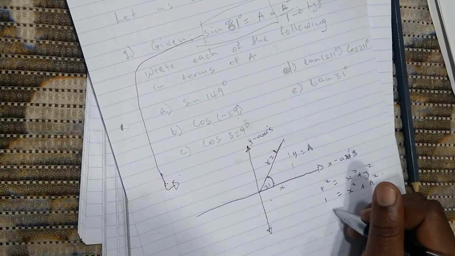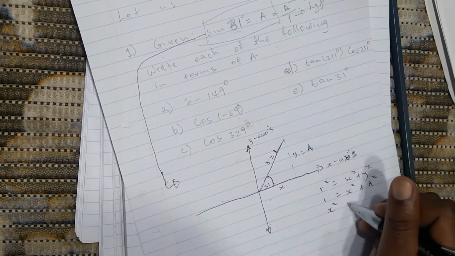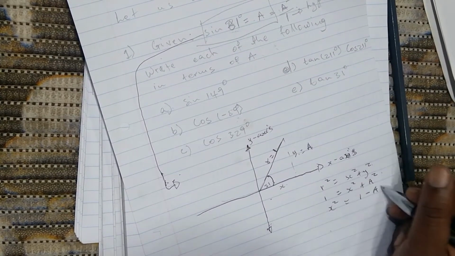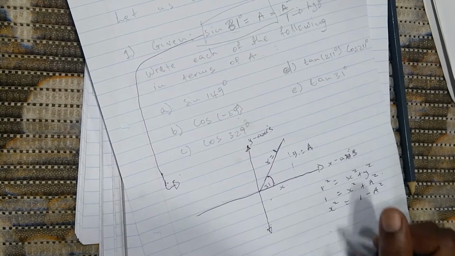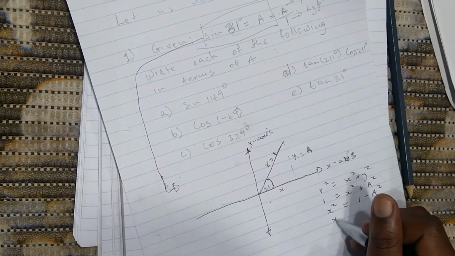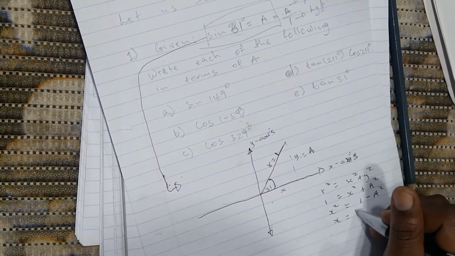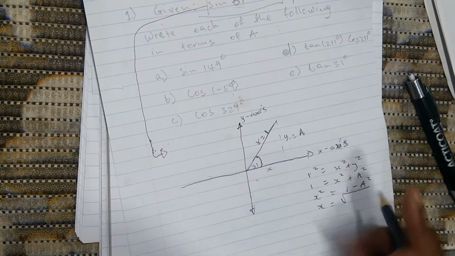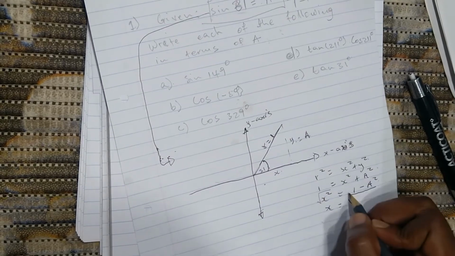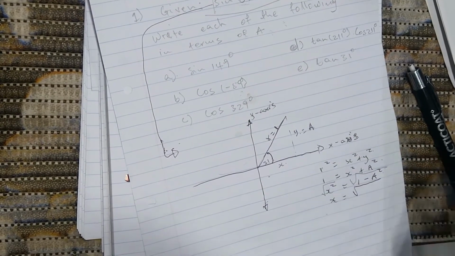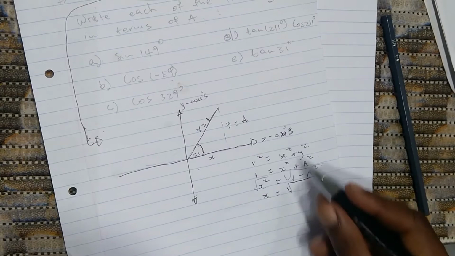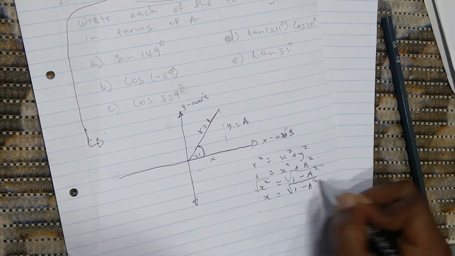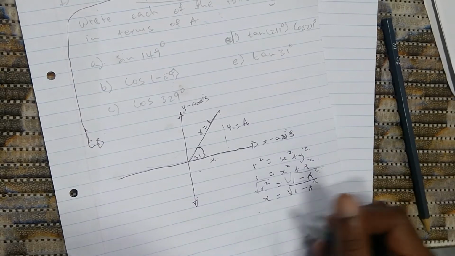So now we can define x squared is equal to 1 minus a squared, and such that x is equal to, if we take a square root on both sides, the square root of 1 minus a squared, right?